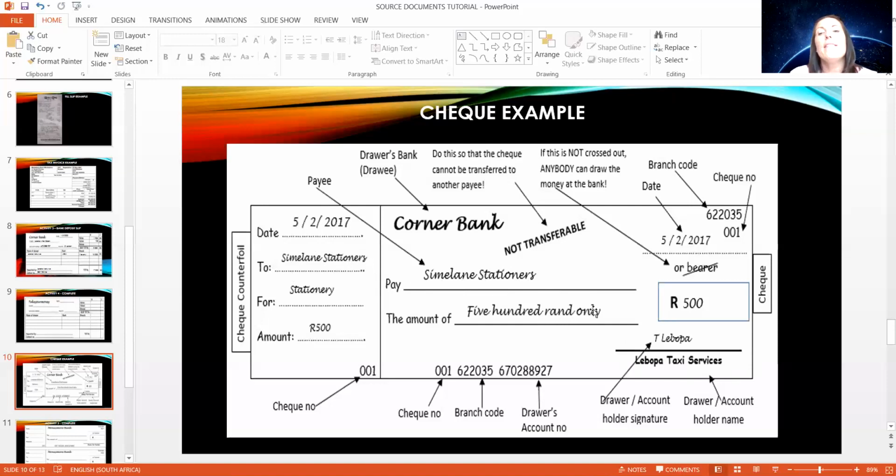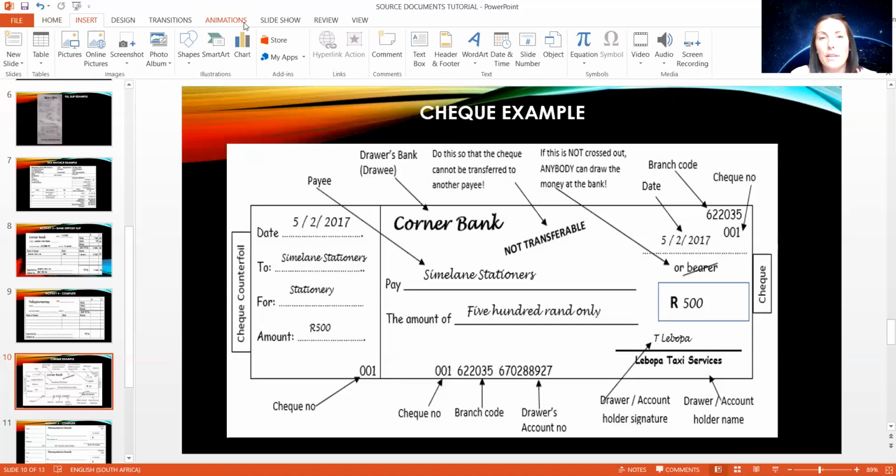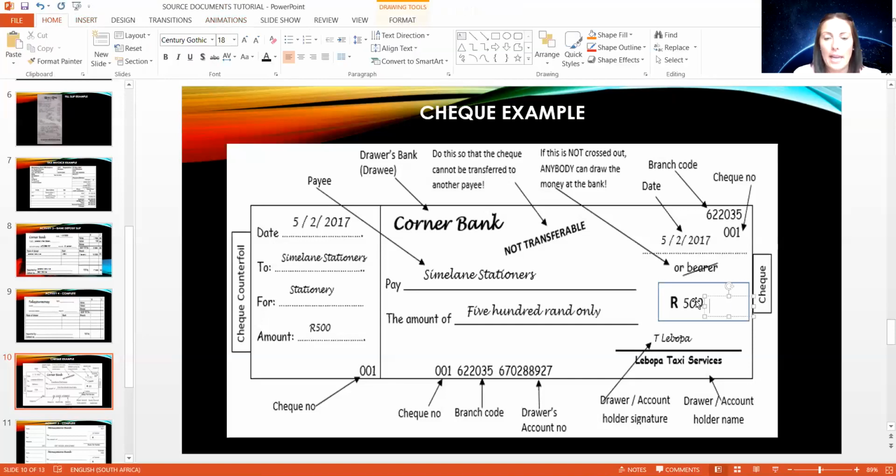Good. Then the amount that we bought for or that we need to pay, we write on the check. And I actually preferred to do the following many, many years ago, is to make a little dash after the amount, so that there is no way that somebody can just come and quickly add a few zeros and change something here.